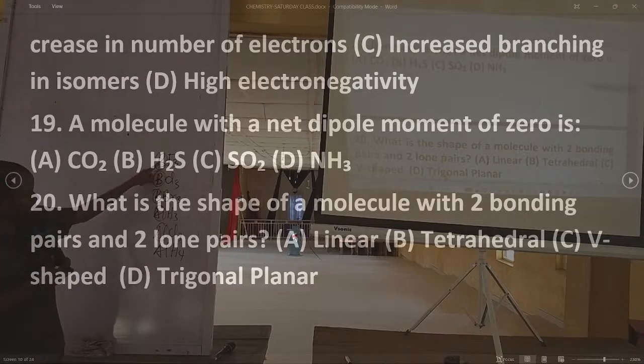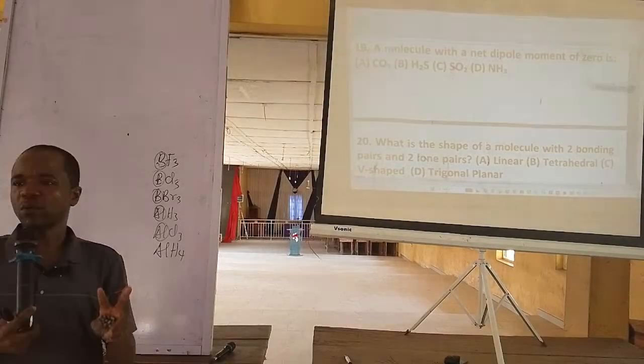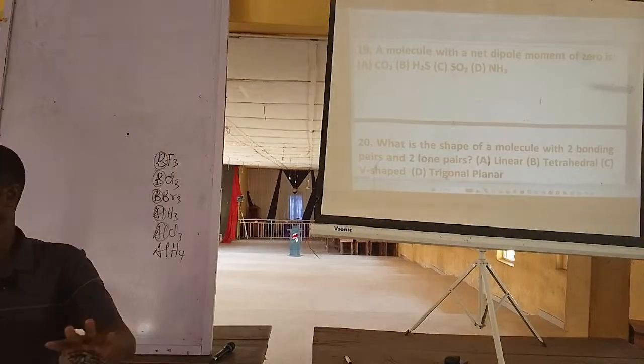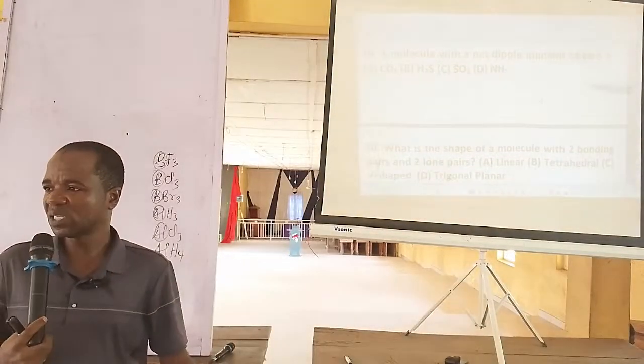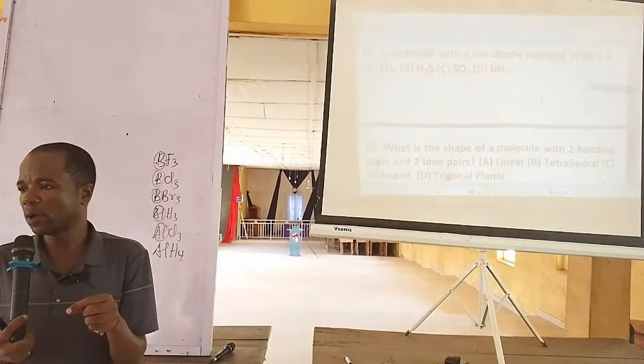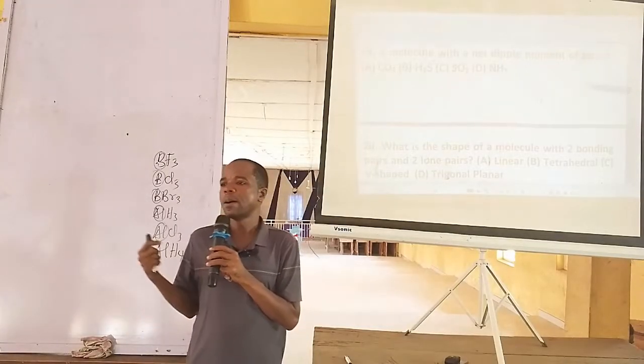But if the central elements are all in group 3, and there are 3 elements attached to them, that is trigonal planar. And lastly, I'm talking about all alkenes being trigonal planar. Alkenes like ethene, propene, butene, any hydrocarbon that ends with ENE has a trigonal planar molecule.